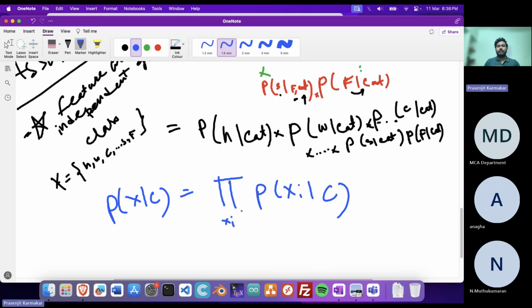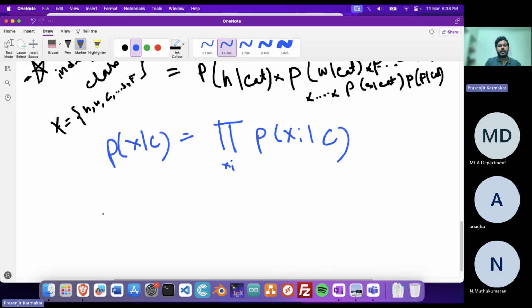Now, what is my equation now? What I have to compute is the probability of a particular class C given the entire feature set X. X is a set of x1, x2, x3 and so on, right?